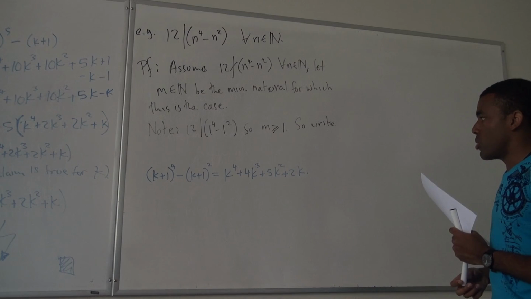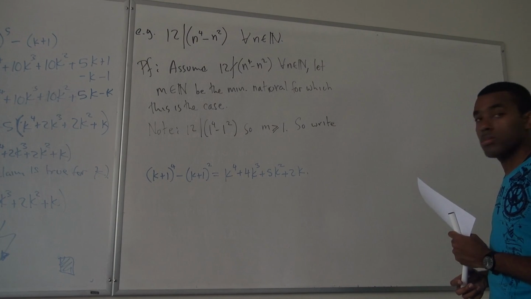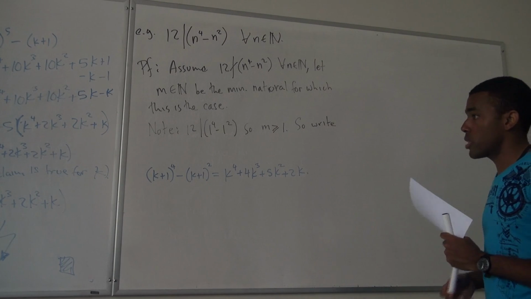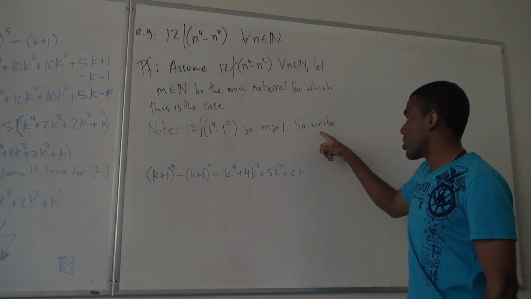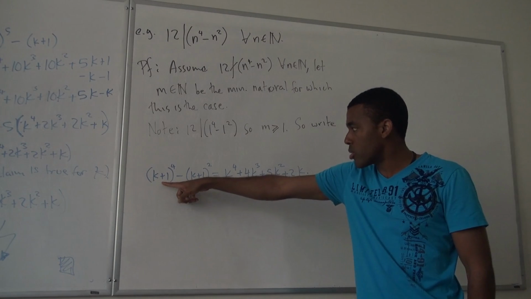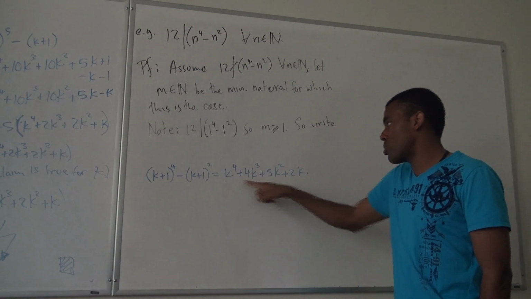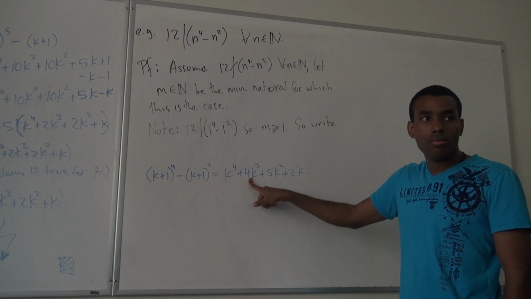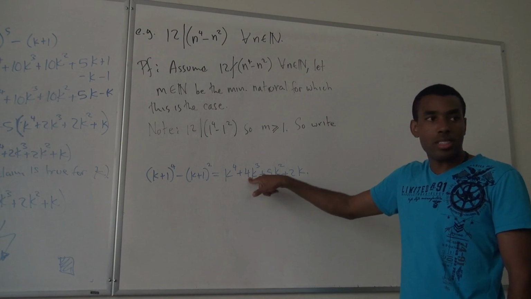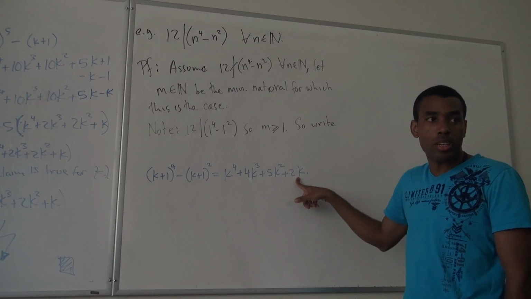Now, what was the problem with that? So if I continued very similar here, it works for 1, so I know it's at least 1, so I assume m is equal to k plus 1. Then I did this expression, which is this. The problem is, I can't actually factor a 12 out of that, right? Because there's a 4 here, there's a 2 here.